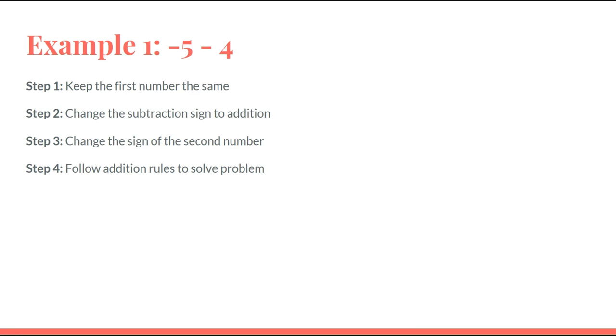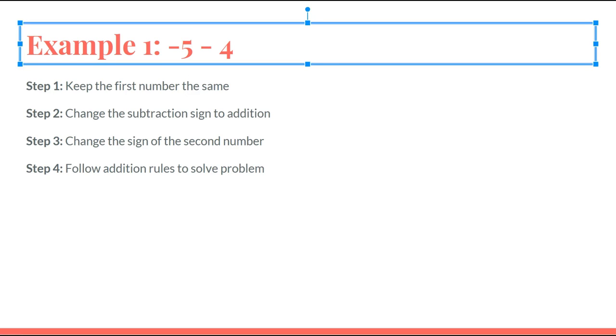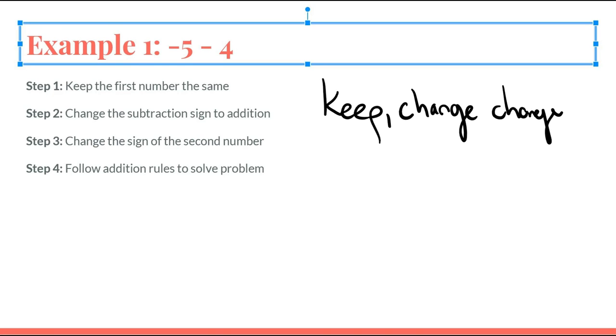So let's look at our first example. We have -5 minus 4. You're going to have to remember the phrase, keep, change. That will help you remember what to do when you're subtracting integers. The first rule, keep, means keep the first number the same.